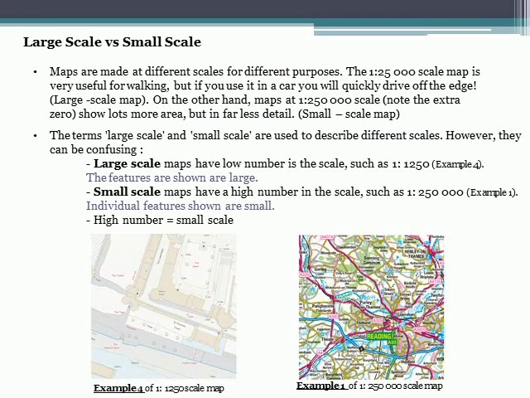But the features shown are large, right? And the opposite is true for the small scale map. They have a high number in the scale, such as 1 to 250,000, similar to example 4, the map to your right at the bottom. The individual features shown are small. So a high number in the scale means small scale. Okay, look at the maps below.